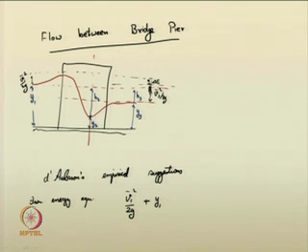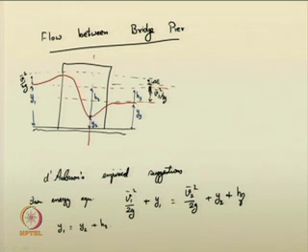Fine. So, between section 1 and section 2, it could be V 1 squared by 2 g plus y 1 equal to V 2 squared by 2 g plus y 2 plus h f. You also know that y 1 is nothing but y 2 plus h 2.